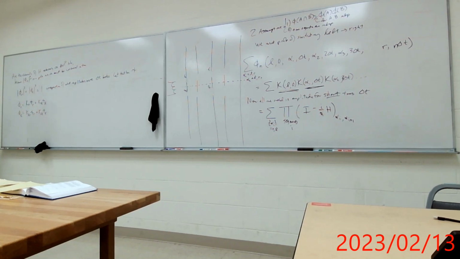In other words, the amplitude to be on the right now is the amplitude that I was on the right an instant before times the probability amplitude to stay on the right, plus the amplitude that I was on the left an instant before times the probability amplitude to go from the left to the right.